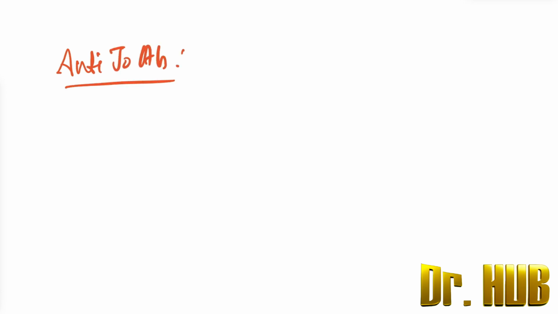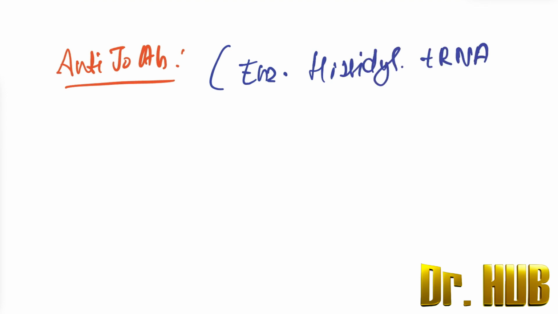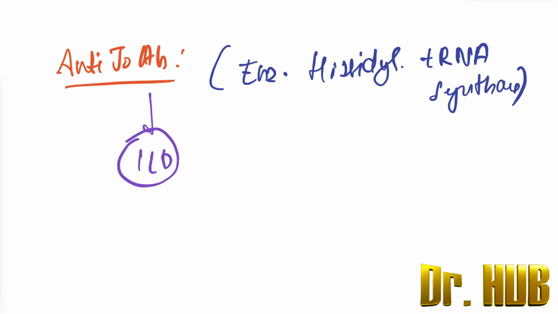Next is the anti-synthetase antibodies. Under the anti-synthetase antibodies, it is directed against the enzyme histidyl tRNA synthetase. So they are associated with ILD, that is interstitial lung disease, as well as non-erosive arthritis.